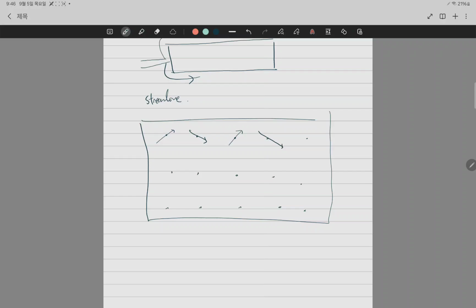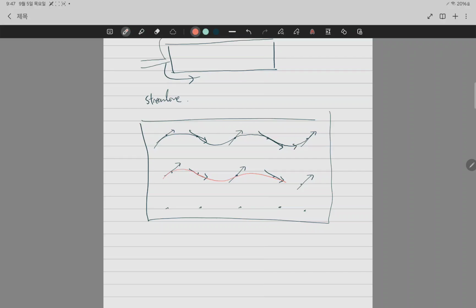Let's say at this point, the velocity of the fluid is like this. So at this point, fluid is moving in this direction this much, and at this point, the fluid is moving in this direction this much, right?